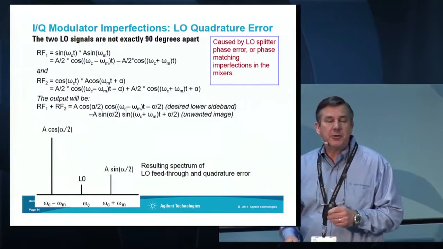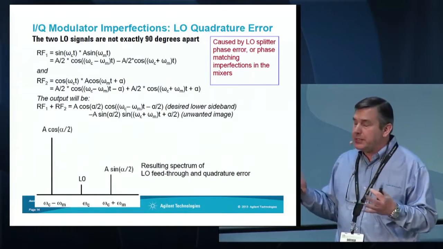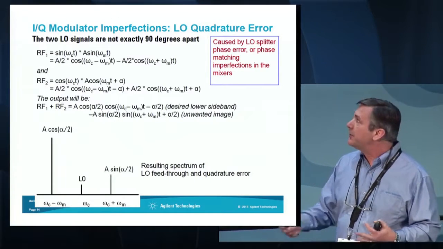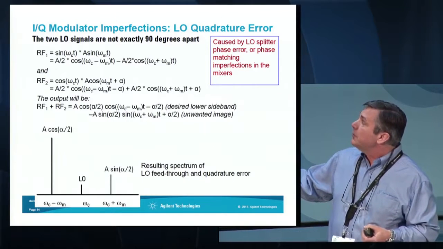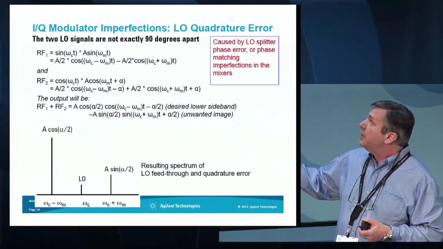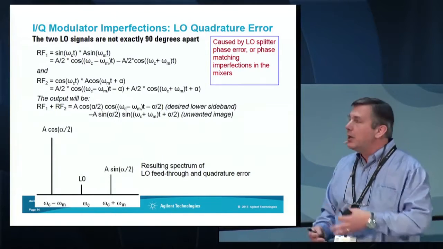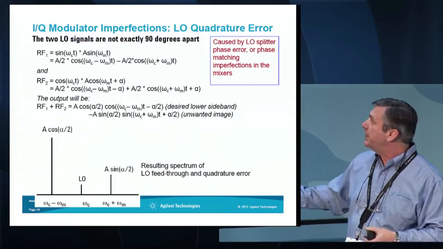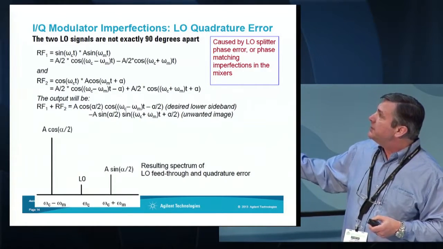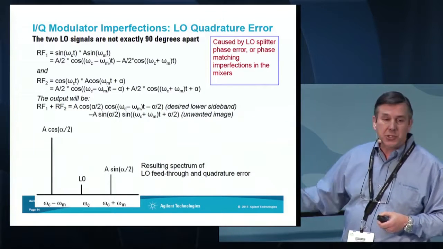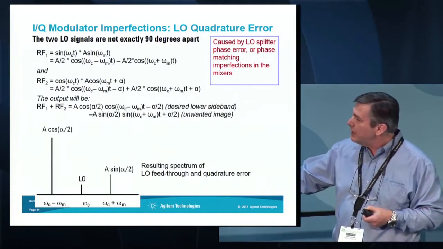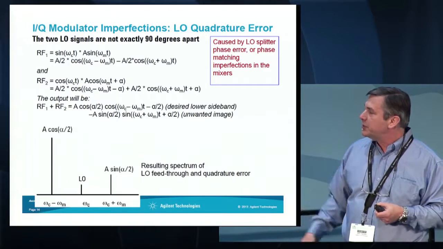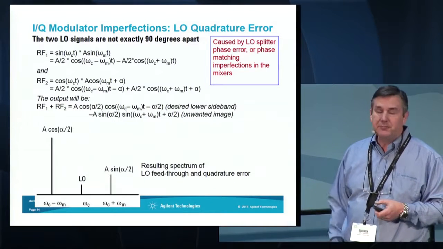So let's move on to some other IQ modulator imperfections that you may encounter. And one of those is quadrature error, where the signals that are split from your LO are not exactly 90 degrees phase difference between them. So that gives you an imperfection that hits the mixers, and mathematically and deterministically you can figure out exactly what kind of image or distortion tone that you're going to get at this particular frequency.